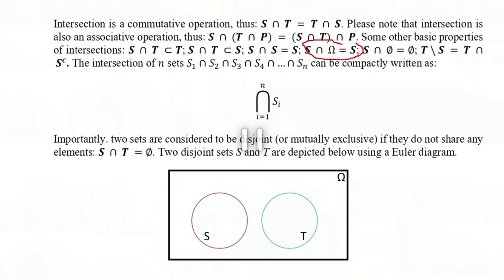What is common between set S and the empty set is actually the empty set itself. Now take a look at the difference between this one and this one.